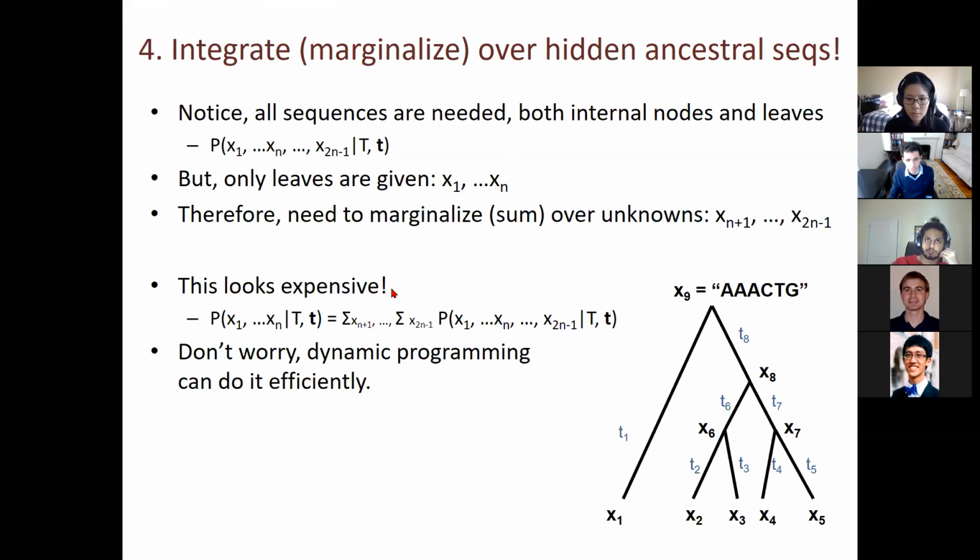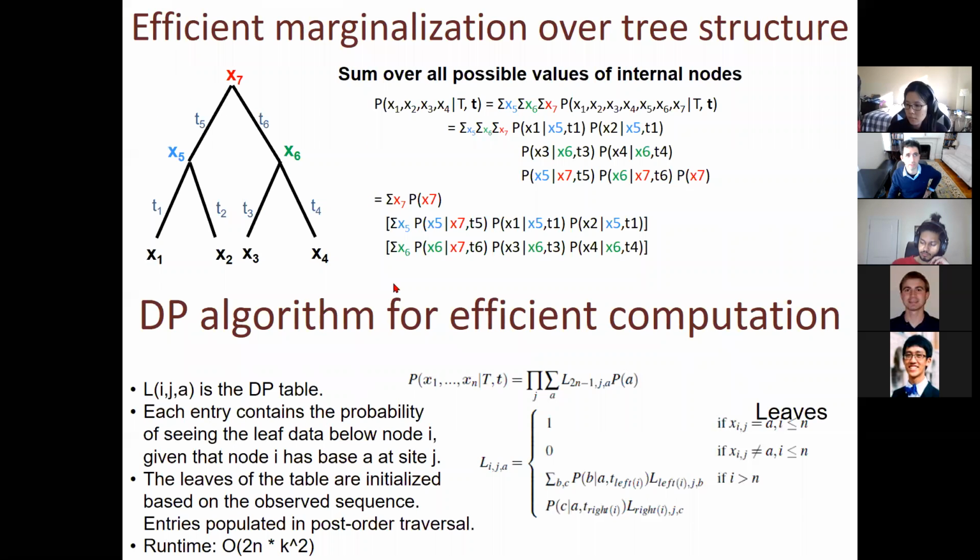And yes, this looks expensive because we are supposedly iterating over all of them, but we can actually use dynamic programming in the same way that we saw for the parsimony model, where instead of searching over every single possibility one at a time, we can propagate the scores and then remember the maximum choices and do a trace back when we get to the root for what is the maximum probability. So we're going to be summing over all possible values of the internal nodes.